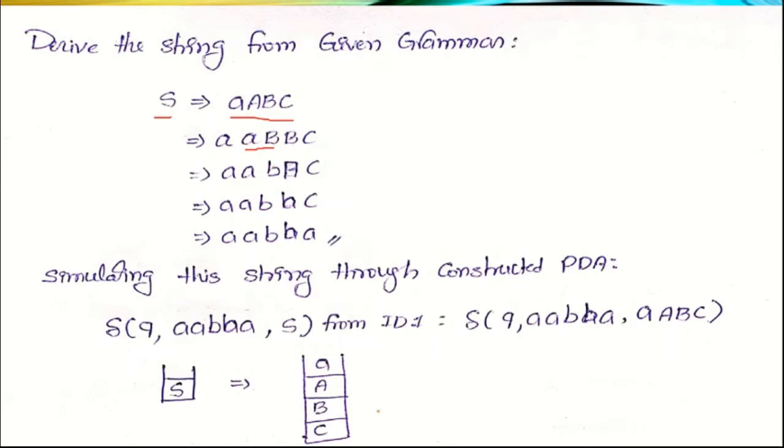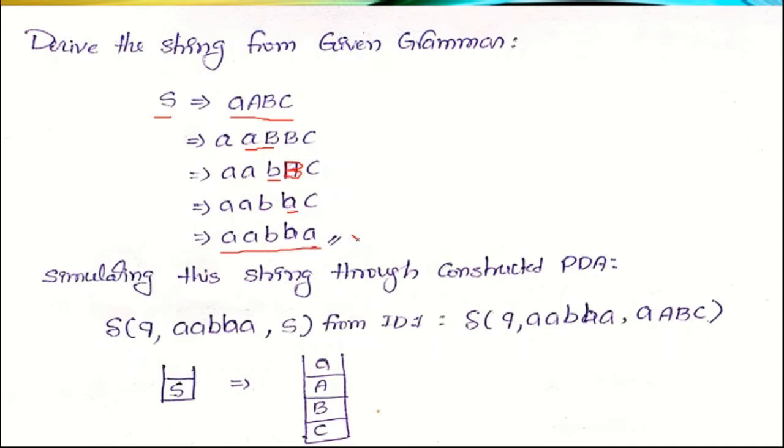Next in the place of B, there are two productions, either BB or B, so I replace it with B. And next the remaining B and then C. In this B also I replace with B, since there are two productions, BB or only B. And in the place of C there is only one production, that is A. So finally the derived string is aabba.